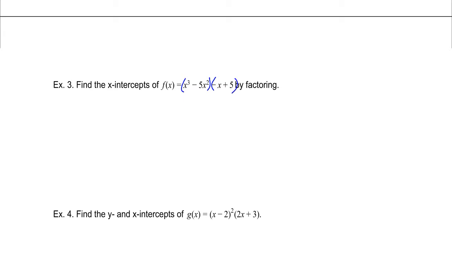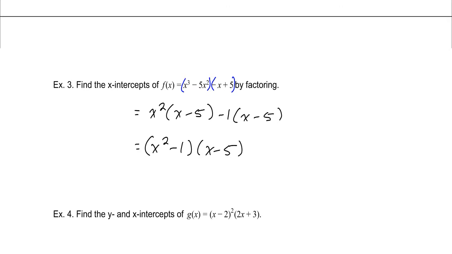The first two terms have an x squared in common, which would leave us an x minus 5. The second two have a minus 1. We'll go ahead and factor that out. That would be x minus 5. Right, so with our factoring by grouping, that would be x squared minus 1 and x minus 5.